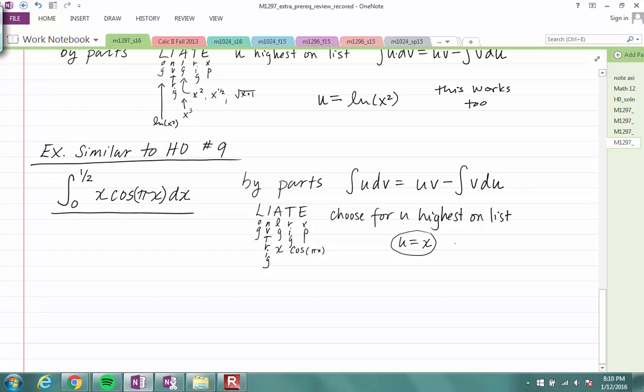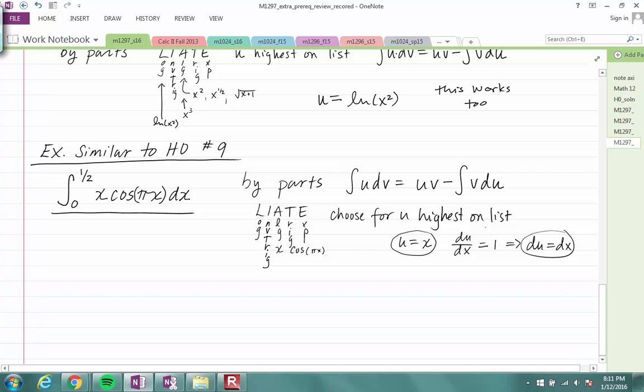And we can find the du easily by taking the derivative of u. I'm going to write it in Leibniz notation, du over dx. The derivative of x is 1, and then we can rearrange that by multiplying by the differential dx and get du is dx. So now we have our du, which we'll be able to plug in.